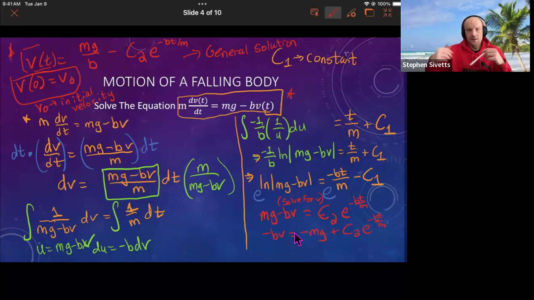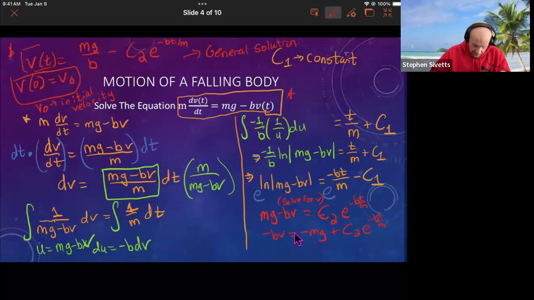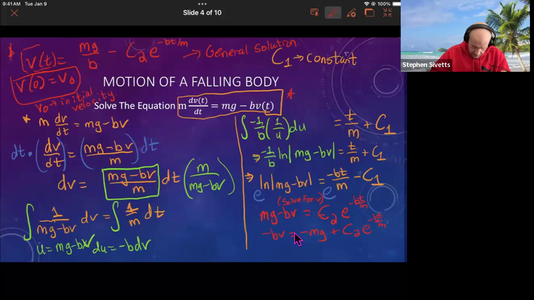Okay. And so if we solve for a particular solution, basically it will look like this, right? And that's what we had right here, m times g over b. So it'll be plus, if we figure out what v naught is, or I should say what C2 is, right?